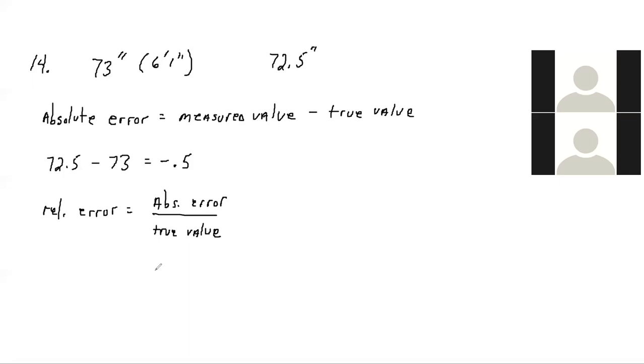So for us, our relative error will be that negative 0.5 divided by 73. Now that comes out to negative 0.007, which in terms of a percentage is negative 0.7%. All right, good there on calculating absolute error and relative error.